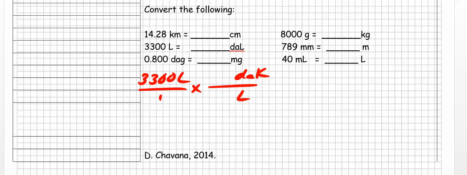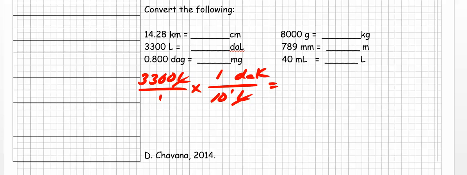How many liters are there in a decaliter? There are 10 liters in 1 decaliter. So now liters and liters are going to cancel away, right? So in 1 decaliter, there's 10 liters. So now what I'm going to be left with is decaliters, right? So I'm going to say 3,300 divided by 10.